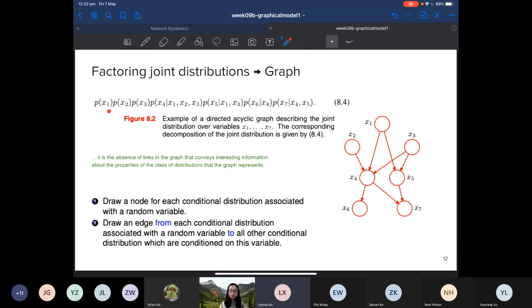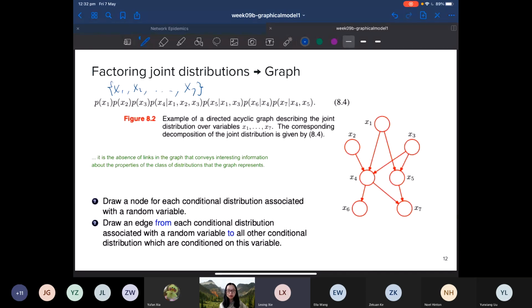And so let's say now we have a joint distribution that's defined over variables x1, x2. So what's the largest number? Oh, x7, okay. So we have a 7-node network, and we know that it factors like this, right?